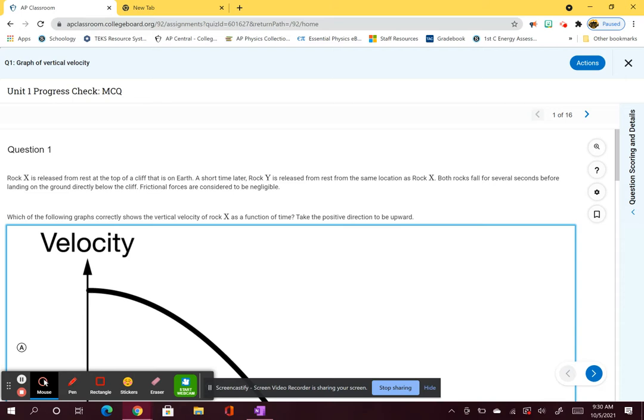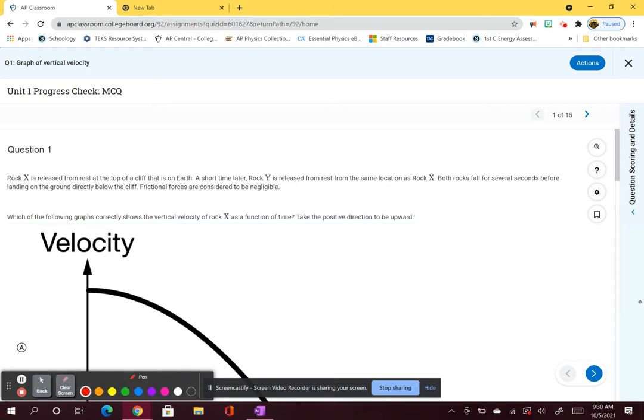So question 1, rock X is released from rest. From rest is important information. At the top of a cliff on Earth. That is on Earth. Maybe I don't even have to flip back and forth, I can just draw it on here.